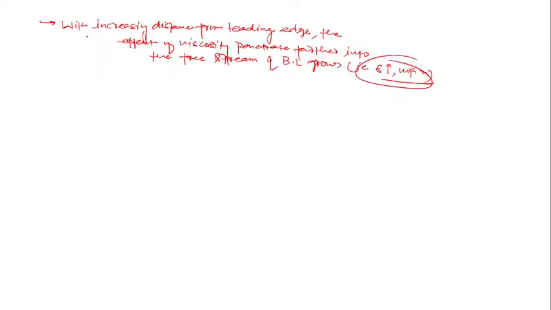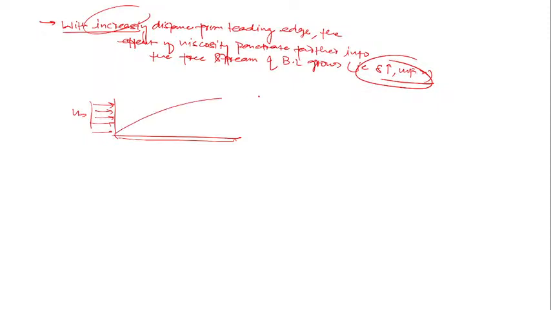Why it grows, I will discuss. If I draw a rough figure, just imagine: this is the uniform velocity, called upstream velocity u infinity, and this is the fluid flowing, and this is called the boundary layer.